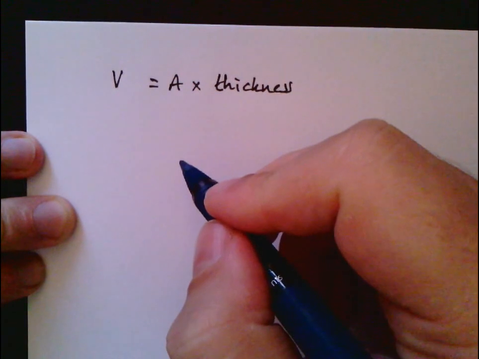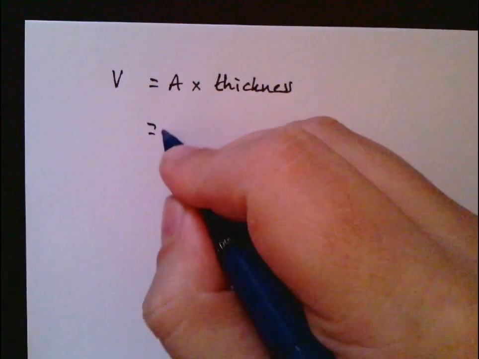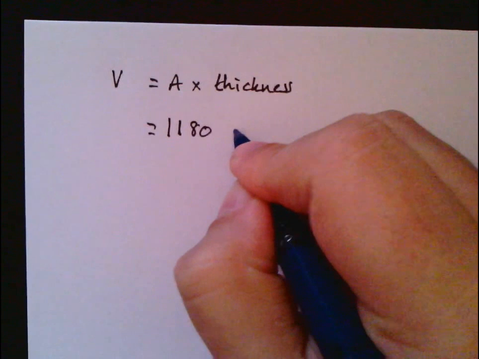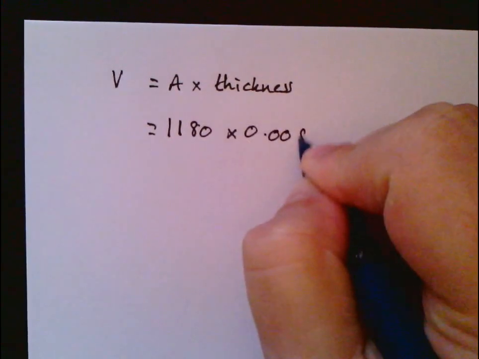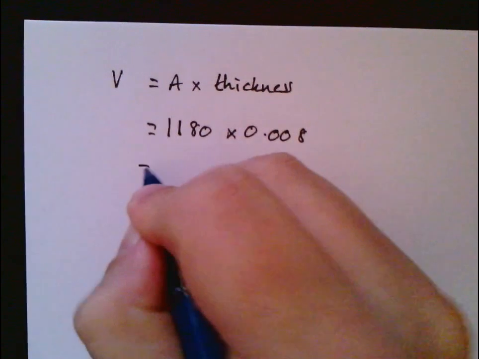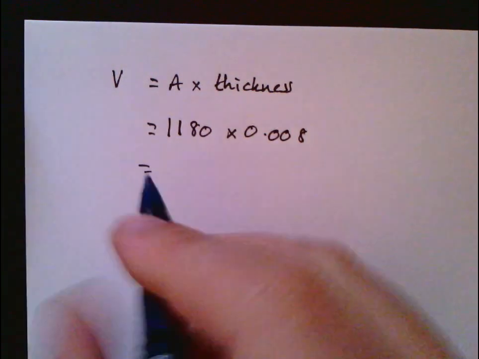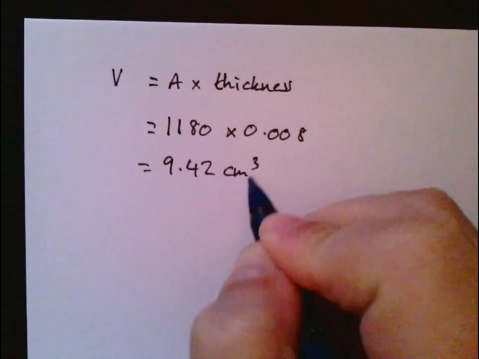And the volume removed by one sweep is going to be that area, which we've just worked out, which is 1180 times 0.008, which is, back to the calculator, 9.42 centimeters cubed.